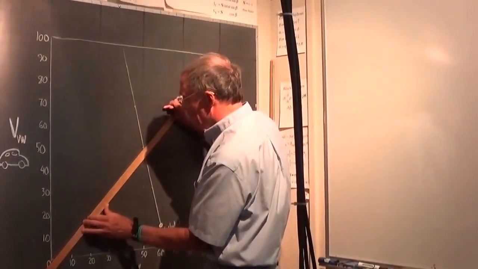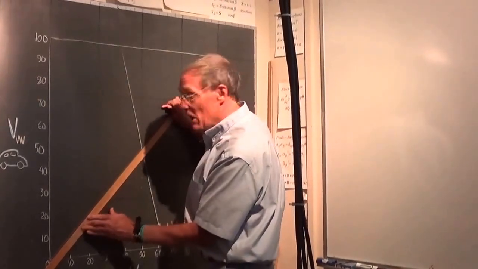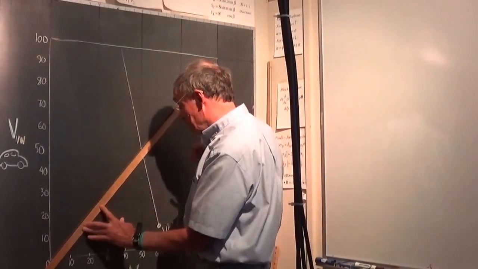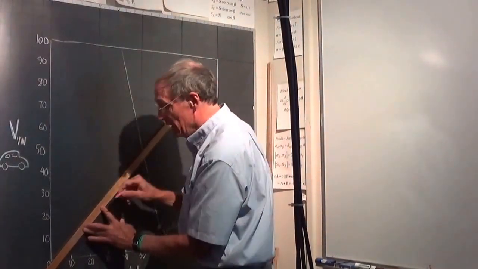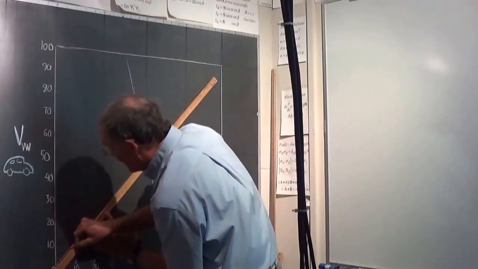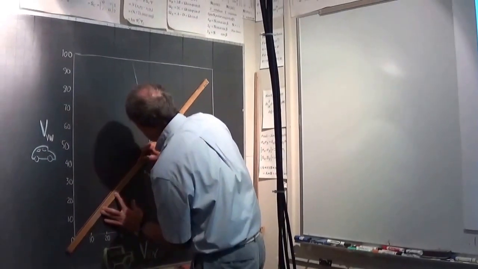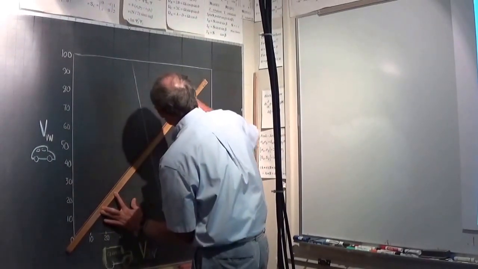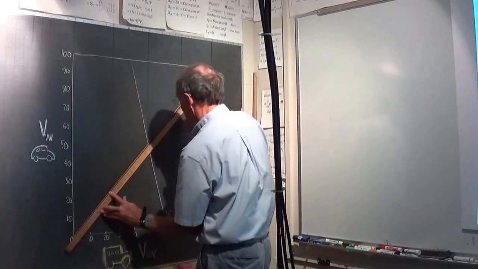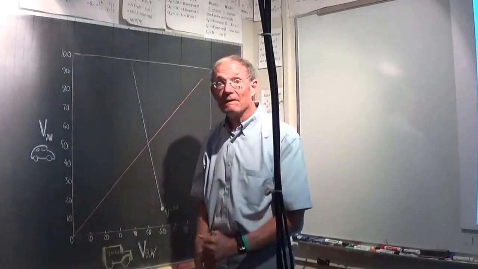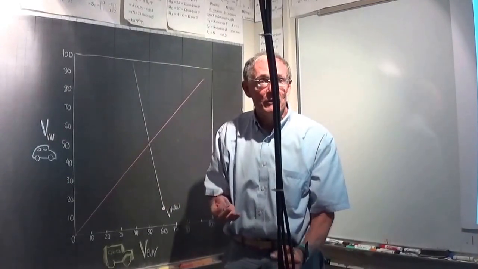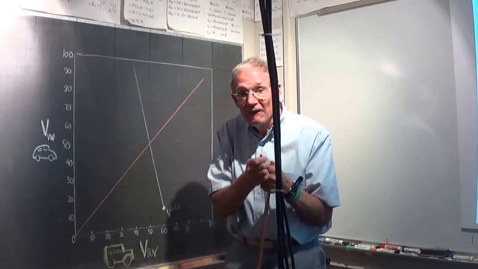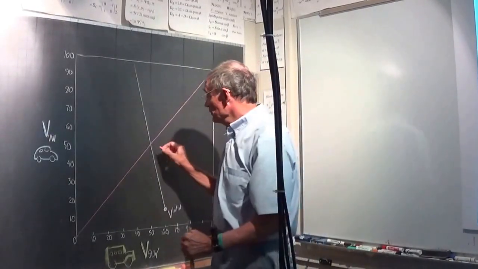At 45 degrees, the y equals x line, that is the v_SUV equals v_VW line. Okay, this line right here. And we know these guys have the same velocity after they're stuck together, right? So there's the answer.